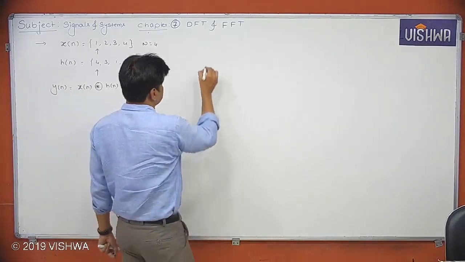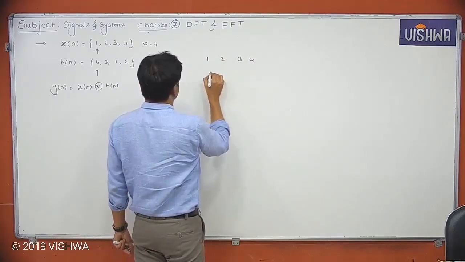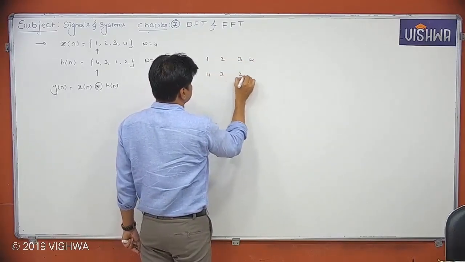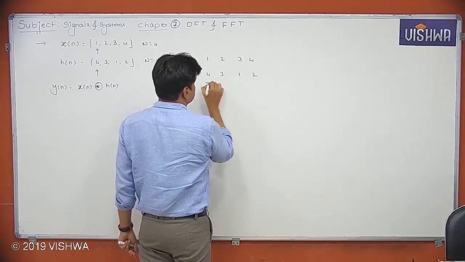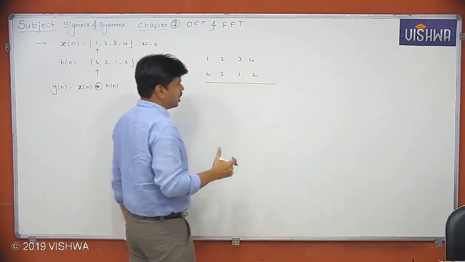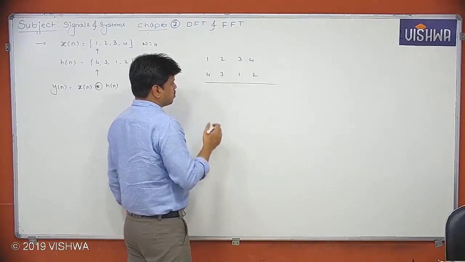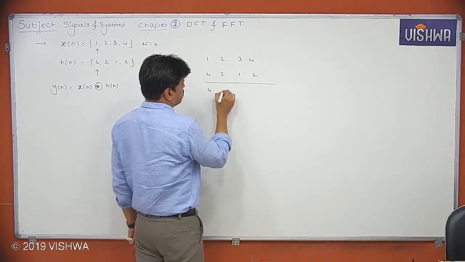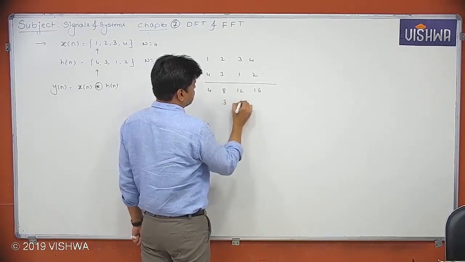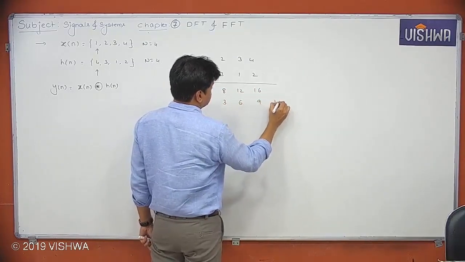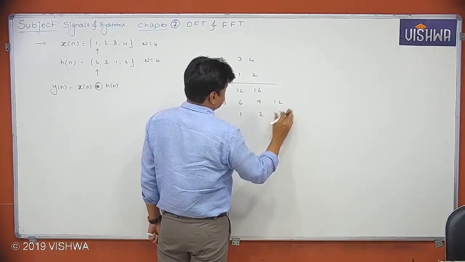Let's say 1, 2, 3, 4 and 4, 3, 2, 1. So directly we can do the linear convolution. After that, blockwise we have to take them and sum them. So what is this? 4, 8, 12, 16; 3, 6, 9, 12; 2, 4, 6, 8; 1, 2, 3, 4.